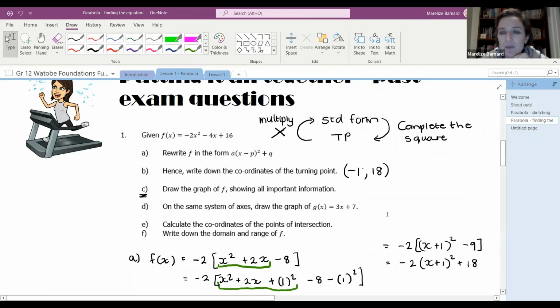The 18 came from -2 being multiplied with -9 after we completed the square. So that's how we got the +18.